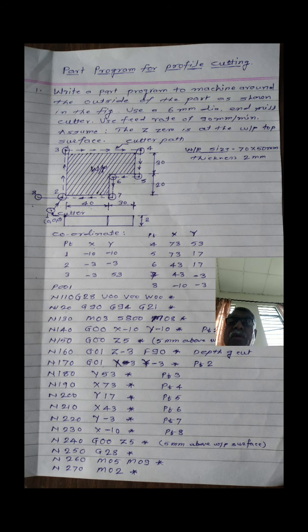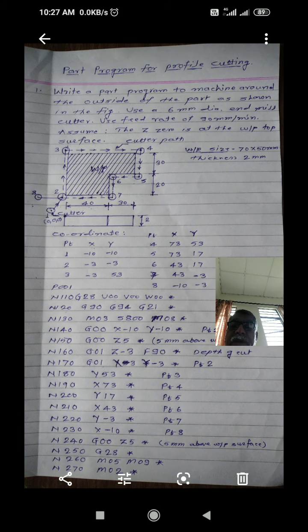Only move the tool from point 3 to point 4 along the x-axis. Therefore, we just mention the coordinate of the point 4, that is block number N190, X73, end of the block.